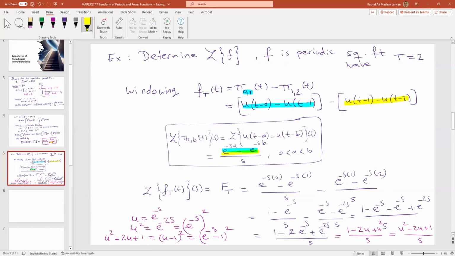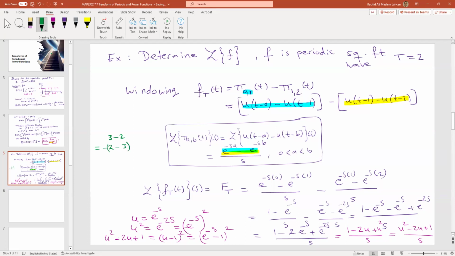So maybe I can do that here. Question: can I write 1 minus exponential negative s? And if I do that, what happens? Usually when you do that, a negative comes out. Because when you have 3 minus 2, and you switch to 2 minus 3, they're not going to be the same; you will have a negative out.